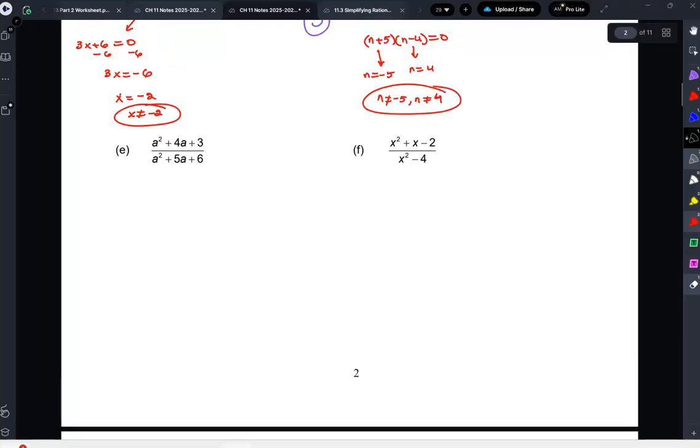Okay, let's do this next one. Okay, this one has lots to factor. Okay, A. What two numbers multiply to 3 and add to 4? 1 and 3.